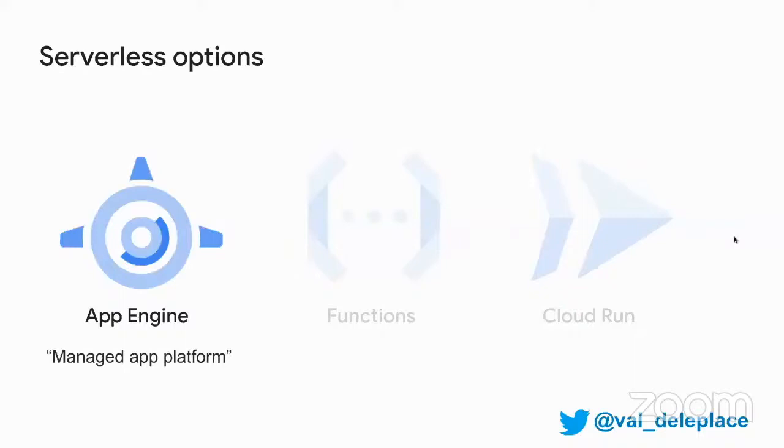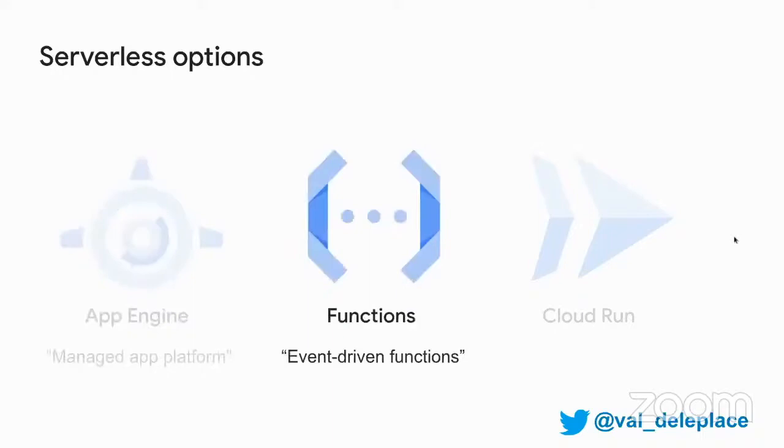App Engine is a managed app platform, mostly used to build dynamic website backends. Cloud Functions is functions as a service. It lets you specify the code to be executed in response to an event, which can be an HTTPS request, but there exist other kinds of triggers as well.